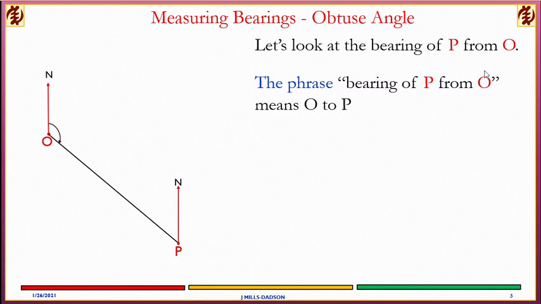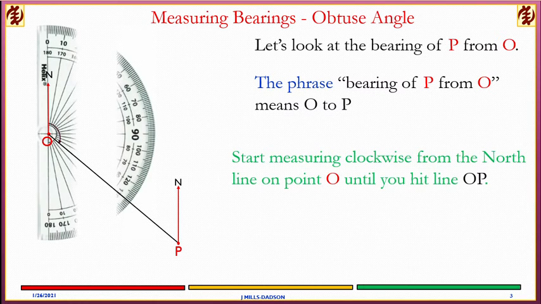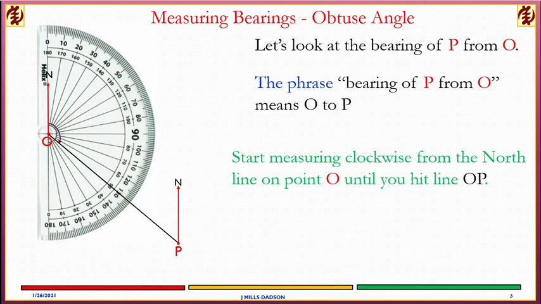That's the starting point. So you go to point O, and that is our north line, and we need to start measuring from the north line until we hit the black line connecting point P. So it's all about angle measurement. As you can see, this angle is an obtuse angle, so you're allowed to use a semicircular protractor. You must align the protractor really well, making sure the zero line aligns directly with the north line.